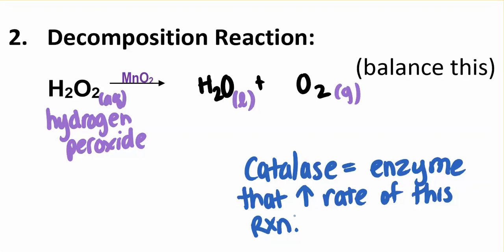Hydrogen peroxide is formed in our bodies sometimes during the oxidation process of when we're burning food. And so we have an enzyme to decompose it, because hydrogen peroxide is kind of harsh. It will react with your proteins and your cell membranes and damage those.